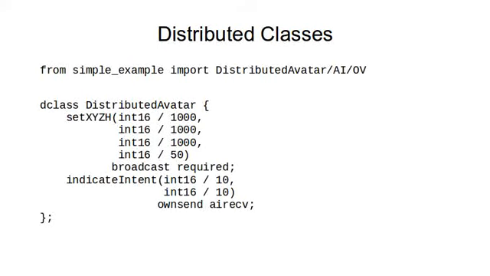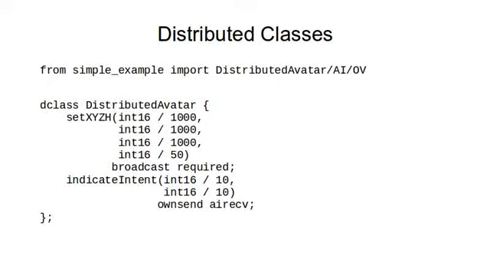Here we've got a snippet from a DC file in which I define a distributed class named distributed_avatar. The first line states that Python classes corresponding to this distributed class can be found in the module Simple Example, and that there are 3 such views, namely distributed avatar, distributed avatar AI, and distributed avatar OV, which stands for owner view.